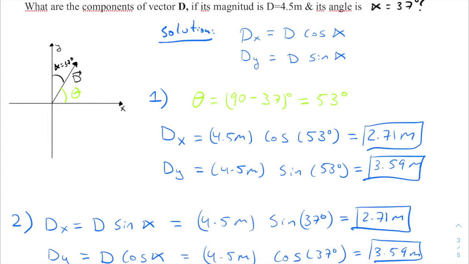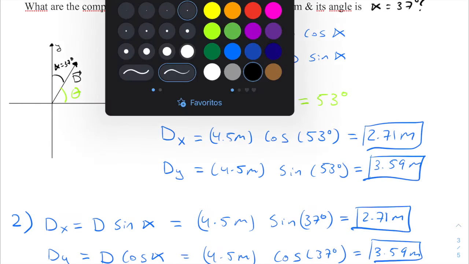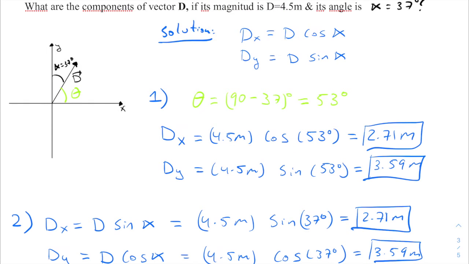Then the y component we have from this equation, the magnitude 4.5 meters times sine of 53 degrees, which gives us 3.59 meters.